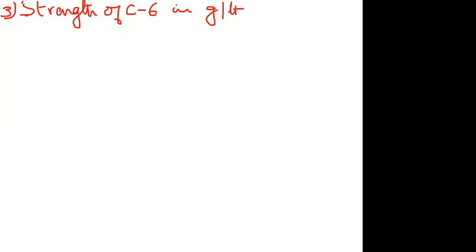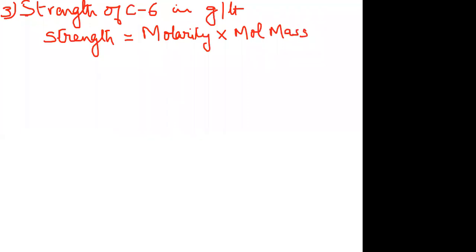To understand this, you have to go back to the formula we used in the first question. We can find the strength using the formula: strength of HCl will equal molarity into molecular mass.